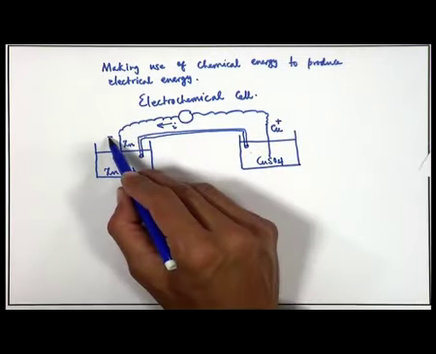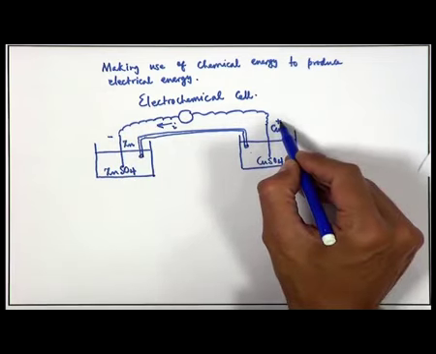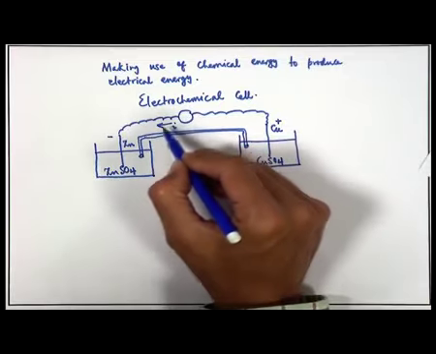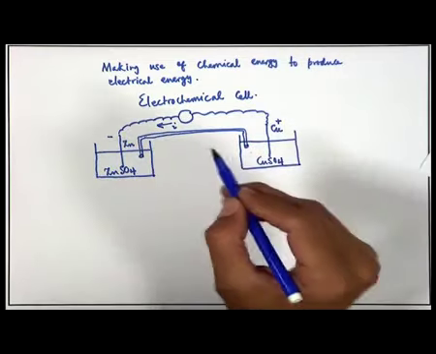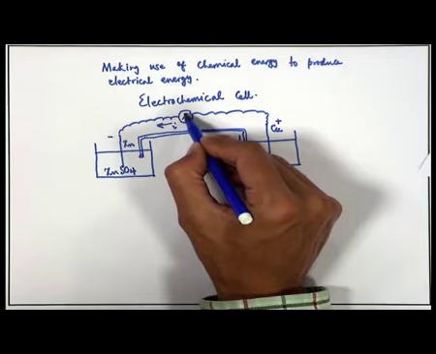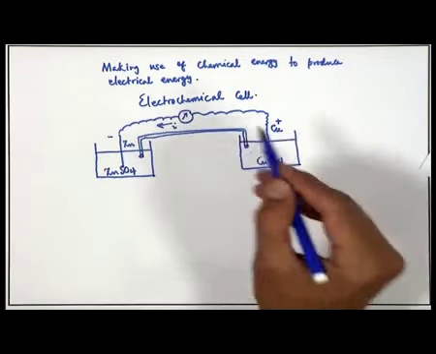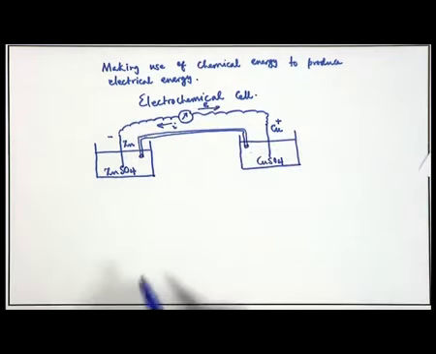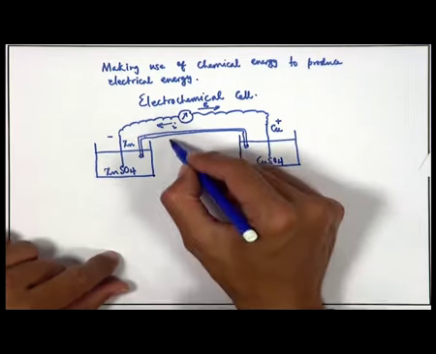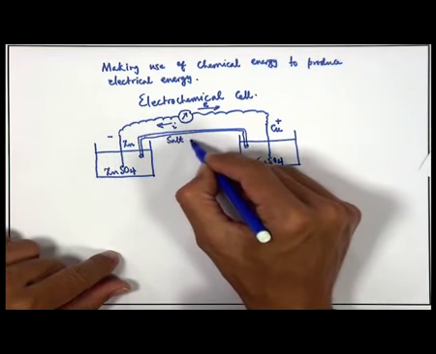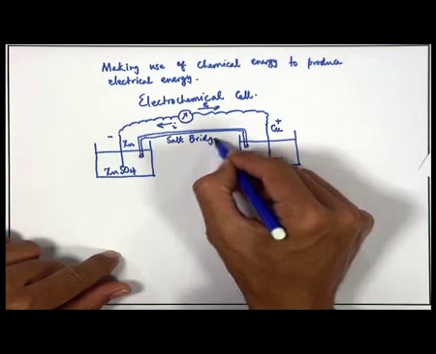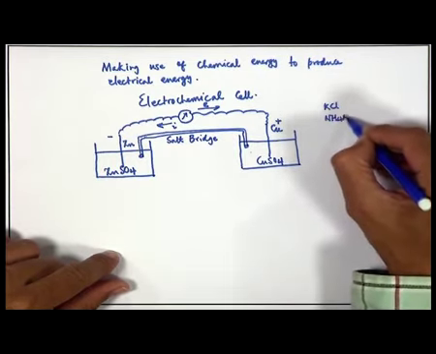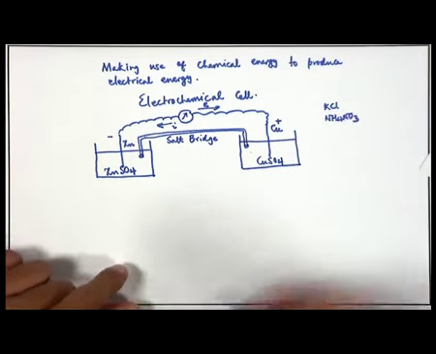This is the minus electrode, this is the plus electrode, okay, plus of the cell, minus of the cell, and your galvanometer is showing a deflection, and electrons are moving in this direction. Okay. So, this is called the salt bridge, which contains KCl or NH4NO3, some electrolyte.